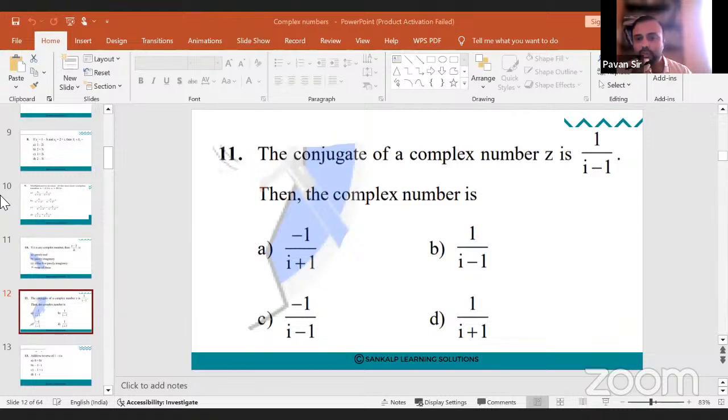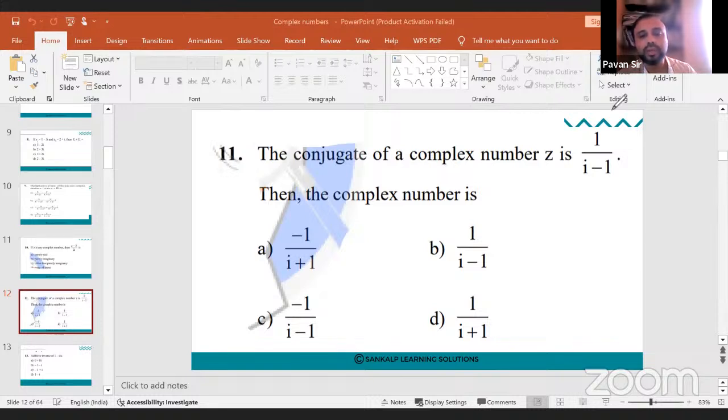The conjugate of the complex number z is 1 upon i minus 1. Then the complex number is what? The conjugate of the complex number is given as 1 upon i minus 1.